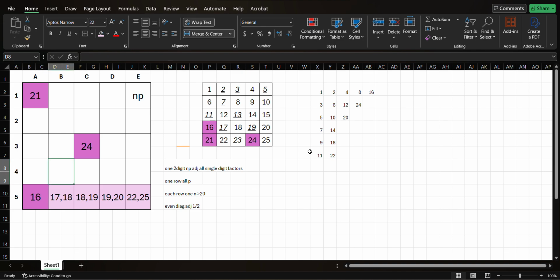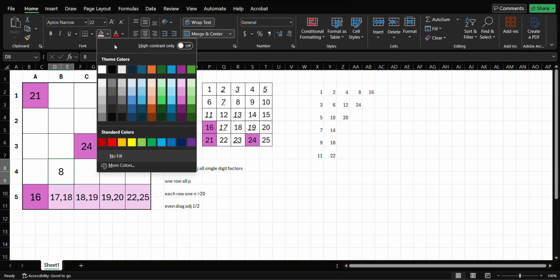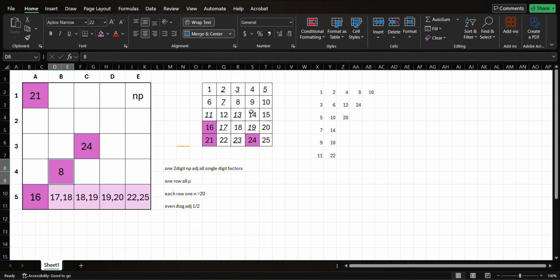So this 16 here has to be diagonally adjacent to the 8. So that leaves just that as the only option in there. Straight away we know that 8 is there. And then the 8 has to be adjacent to a 4. Now we know a 4 can't go there, so it must go there.